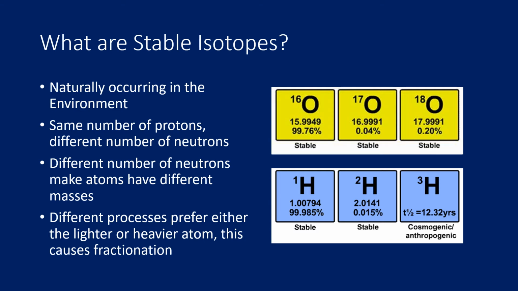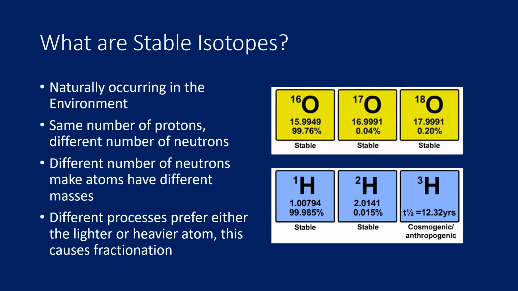So for those of you who do not know, stable isotopes are naturally occurring in the environment at a certain percentage. Each isotope of an element has the same number of protons, but the neutrons differ. Like most oxygens have 8 protons and 8 neutrons, but some oxygens have 8 protons and 9 neutrons, or 8 protons and 10 neutrons.